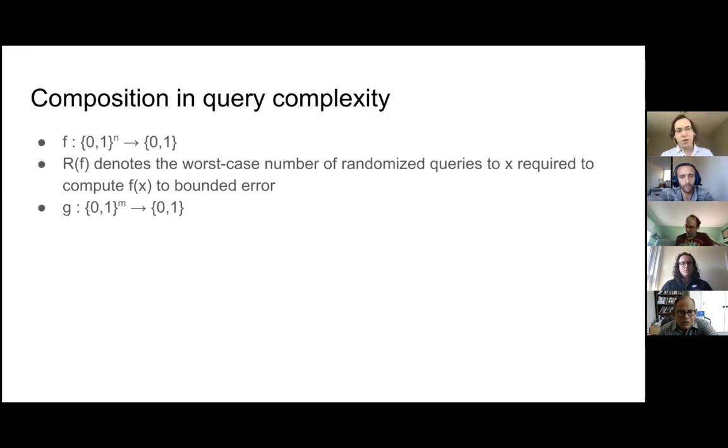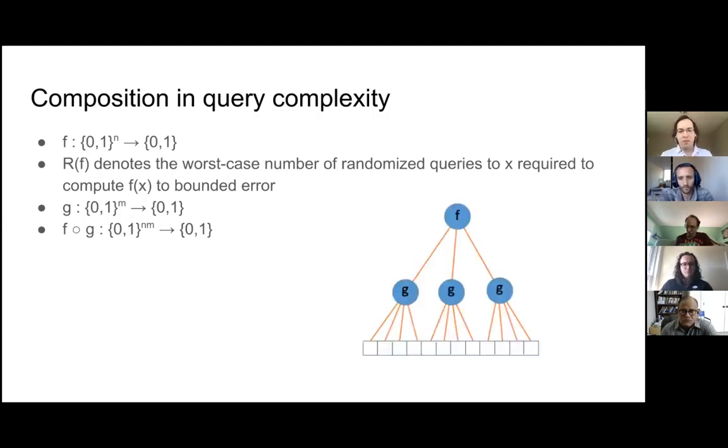In the composition question, we're given another function g, and we define the blockwise composition f compose g, which is basically taking n different copies of g and plugging the outputs of g into the inputs of f. This gives us another Boolean function on a larger input string. As shown in the figure, what we know is that the randomized query complexity of f compose g is at most the randomized query complexity of f times the randomized query complexity of g, up to a log factor.